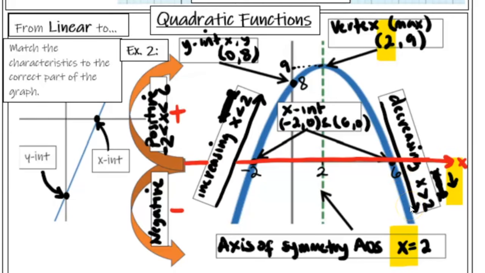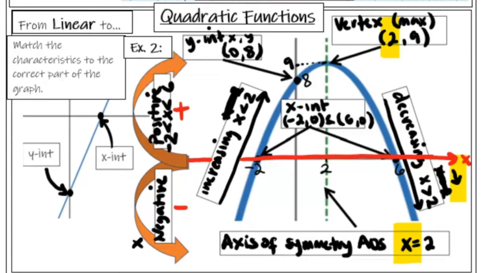So to write that, we're going to say 2 things. So x is to the left, less than -2, or x is greater than, to the right of, +6. And again, you do not include -2 or 6 because at that point it's neither positive or negative.